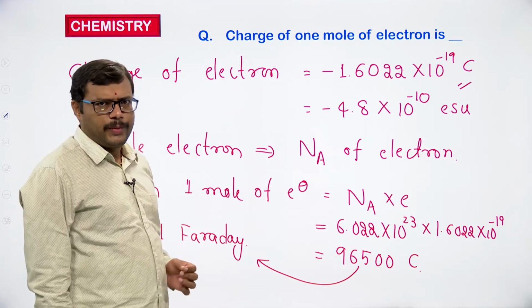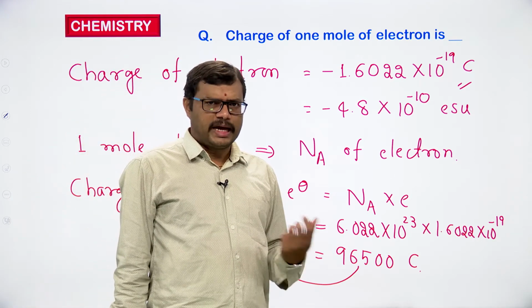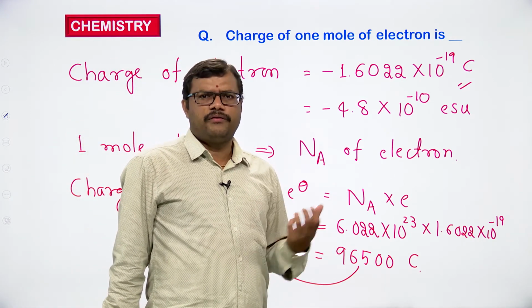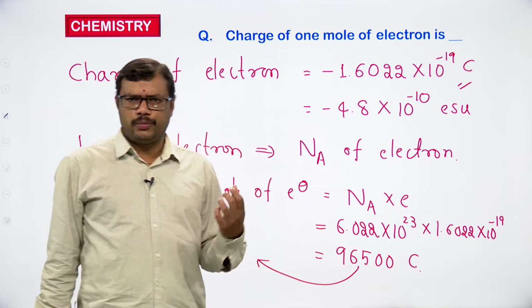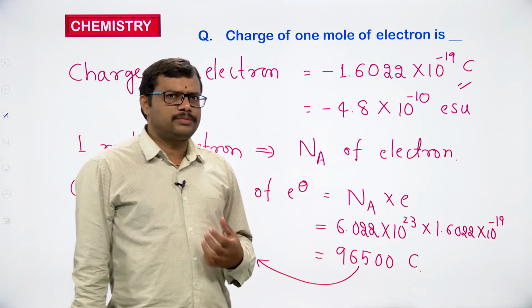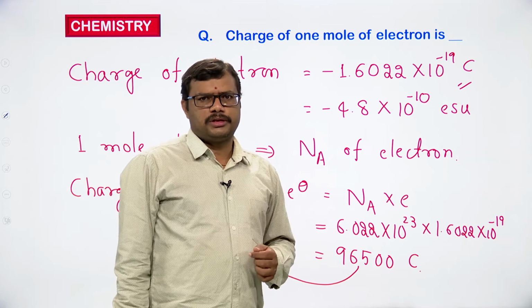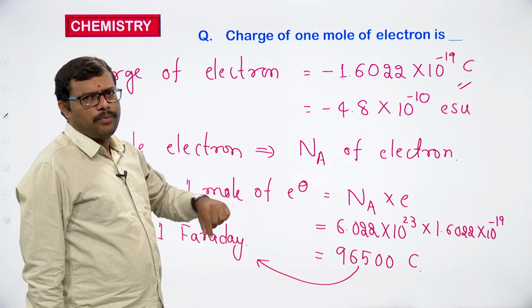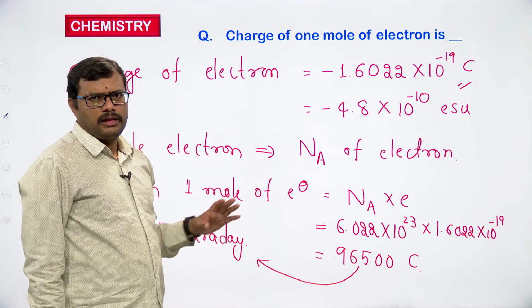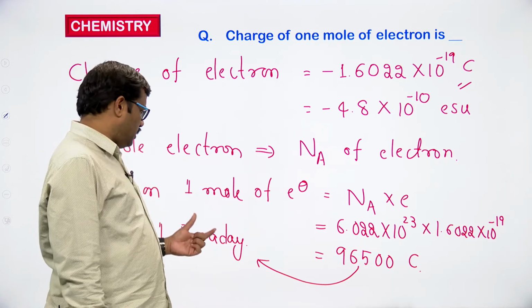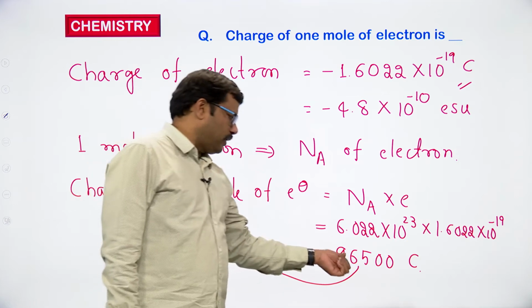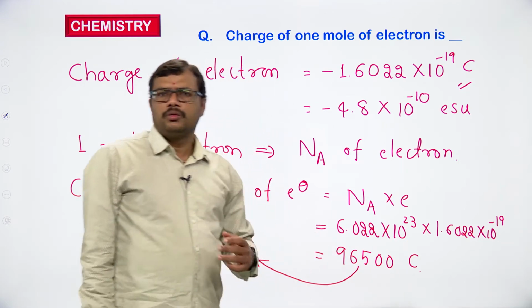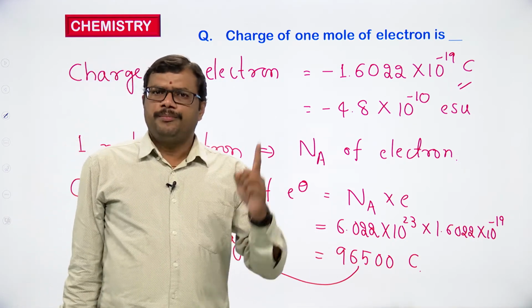In order to respect the scientist Faraday, who did a huge amount of experiments and work in electrochemistry, where he used electricity to understand the processes taking place within chemical compounds, 96,500 coulombs was given the name 1 Faraday.